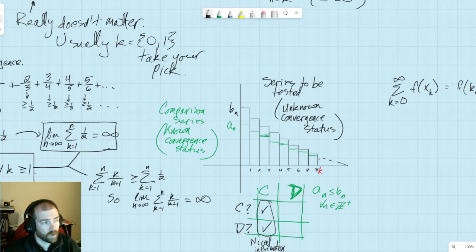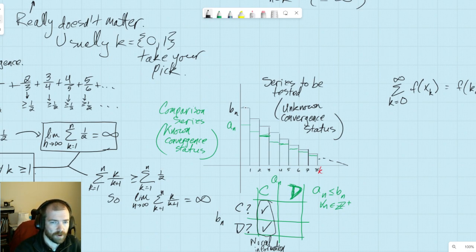Right? What if A sub n diverges? If it is known that A sub n diverges, is it even possible for B sub n to converge?